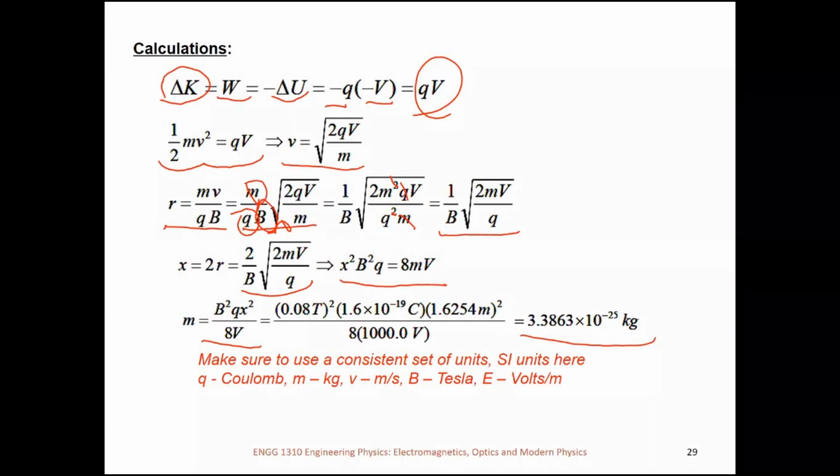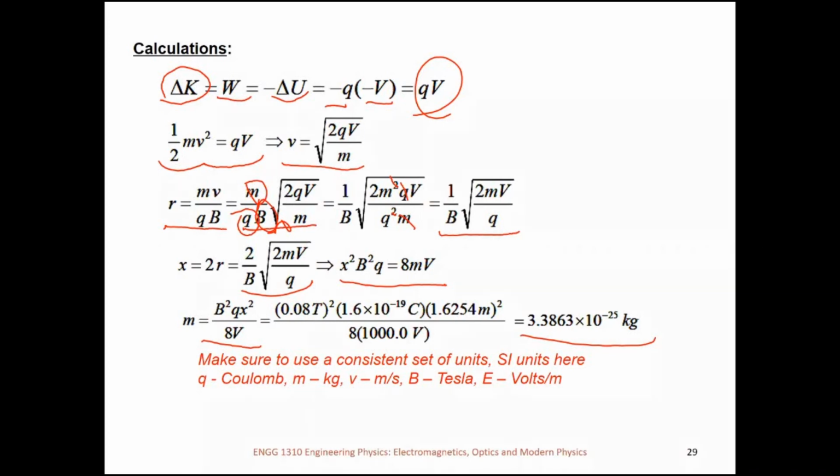As you can see, this is a relatively complicated calculation, right? With a lot of unit conversion. It has magnetic units, electrical units, and mechanical units, right? So in this case, we should make sure to use a consistent set of units.